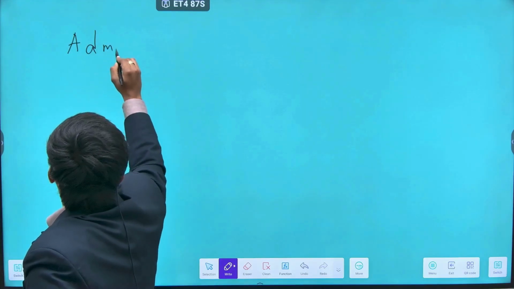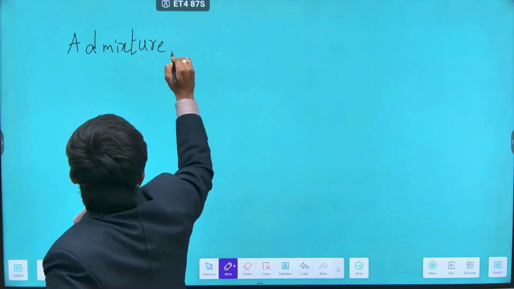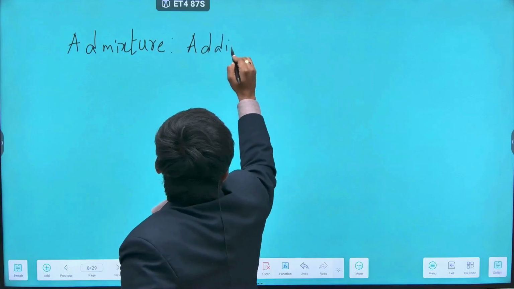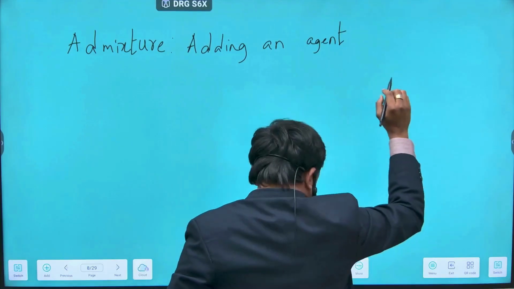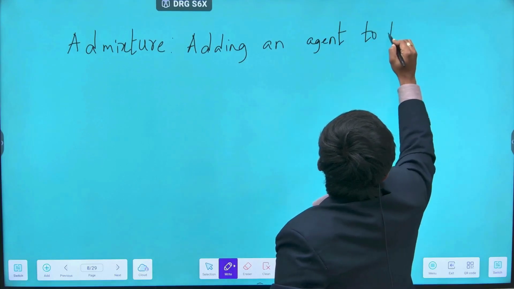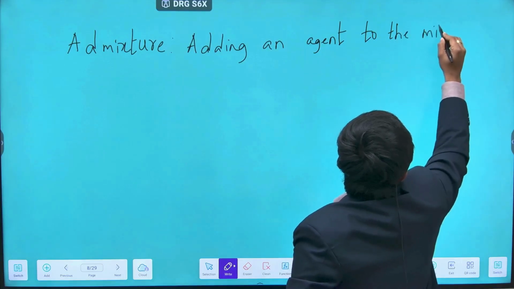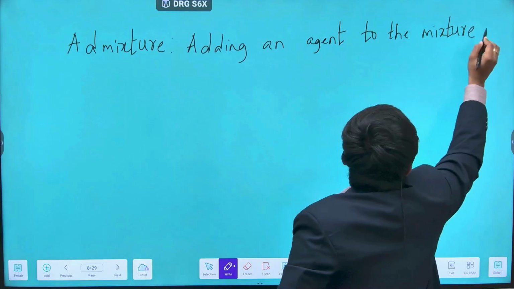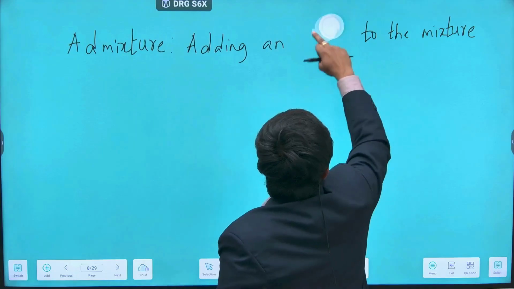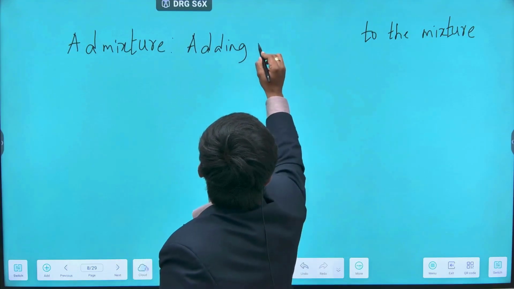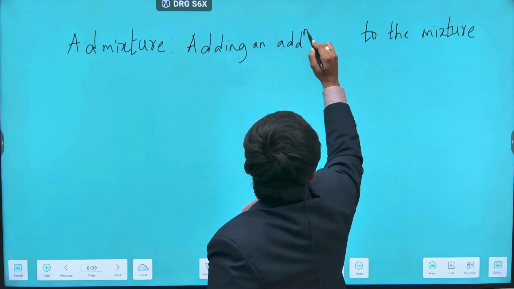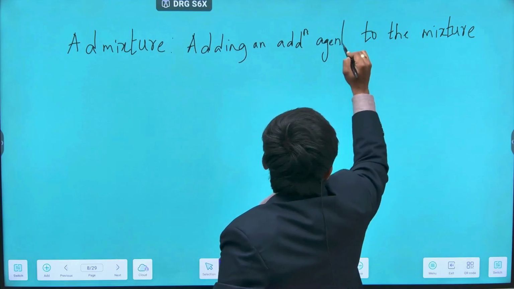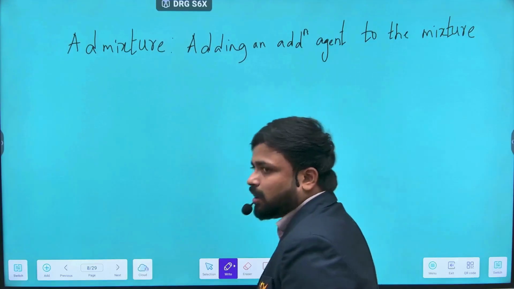Okay, what are the different types of admixture? Admixture is adding an additional agent to the mixture to satisfy all my practical problems.